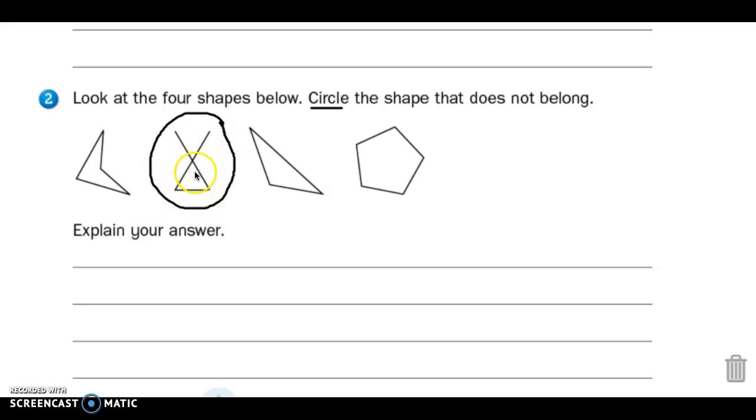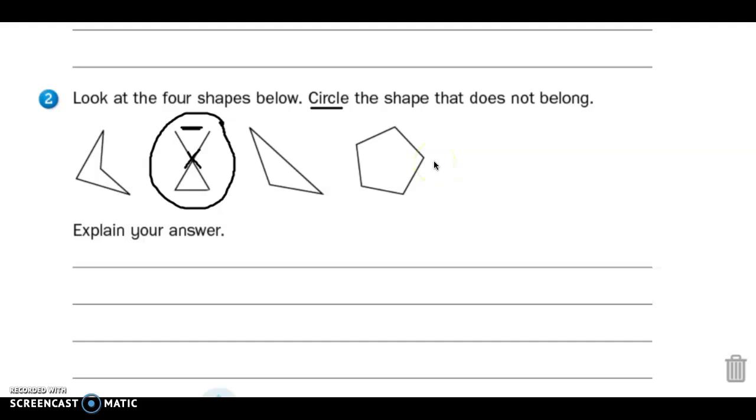Yes, it has at least 3 sides and it's closed, but look, it crosses. So this part is not closed. The rest of these are, what's that word from up above? If they have 3 or more sides and they're all closed, it's called a polygon. This one is not a polygon because it doesn't have the closed at the top, right? This shape crosses and polygons do not do that. See how none of these lines cross right here?